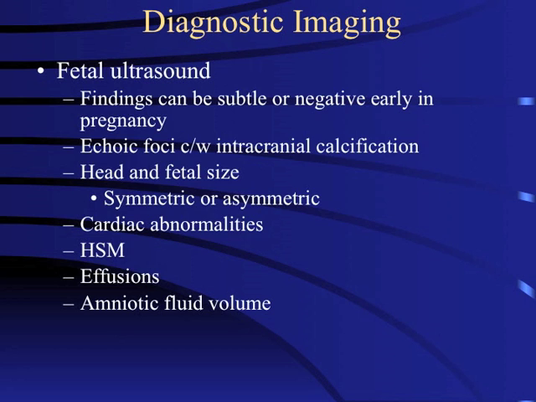The head and fetal size are again important to follow to see if there's symmetric or asymmetric growth. Cardiac abnormalities, hepatosplenomegaly, and any type of effusions, like pericardial or pleural effusions, can be associated with hydrops fetalis, and they also look at the amniotic fluid volume.